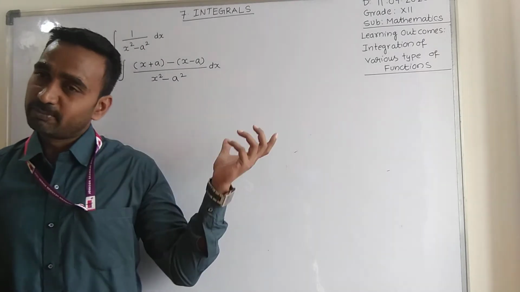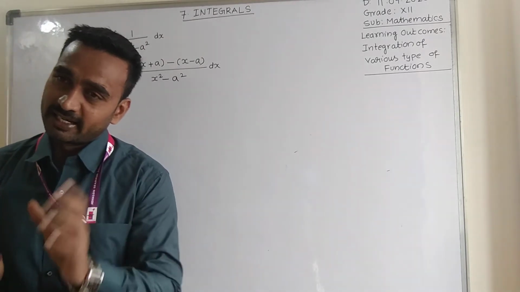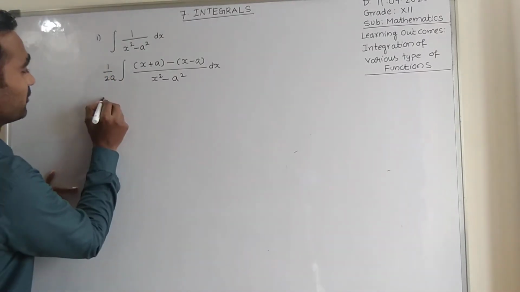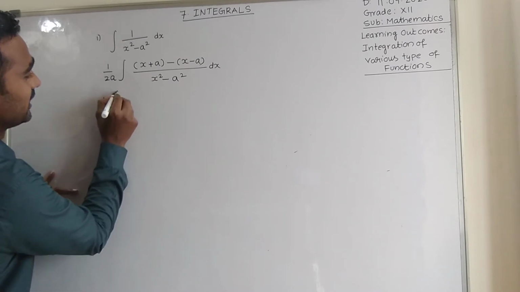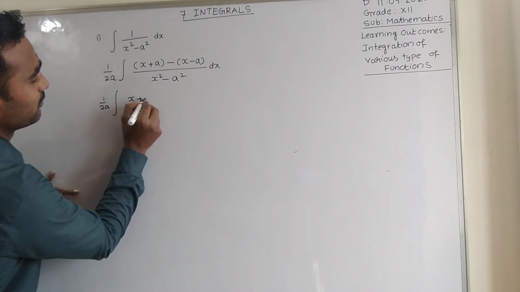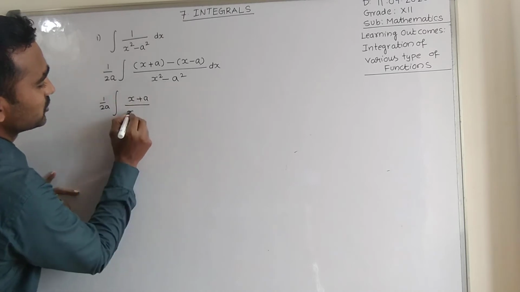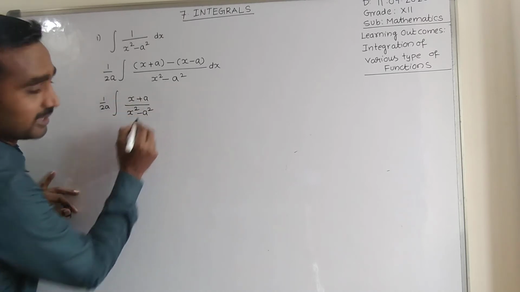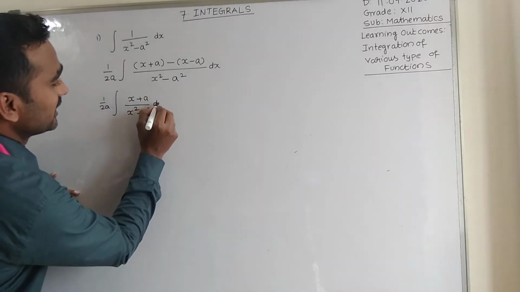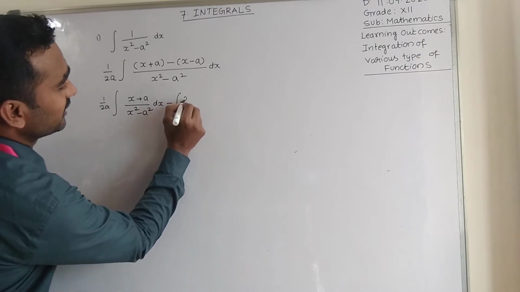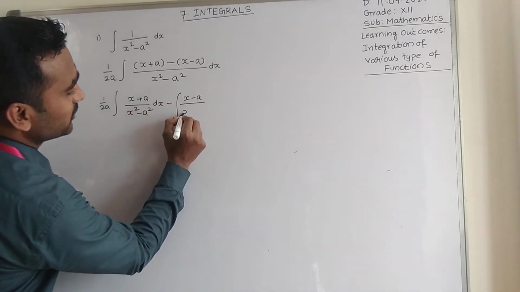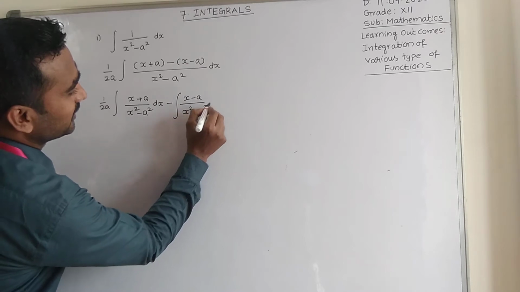Now once you simplify it, it is clearly balanced. Now after that, 1 by 2a integral of x plus a by this x square minus a square factors, the denominator split, dx minus integral of x minus a by x square minus a square dx.